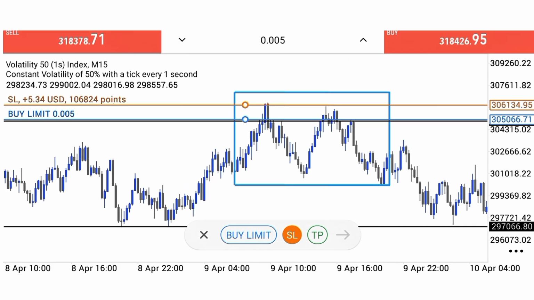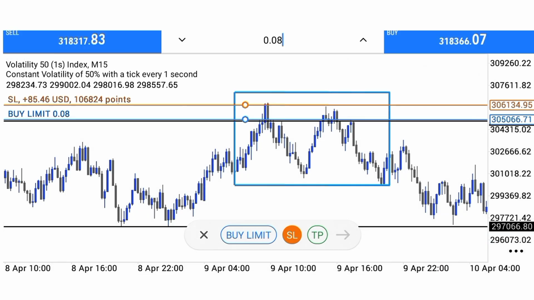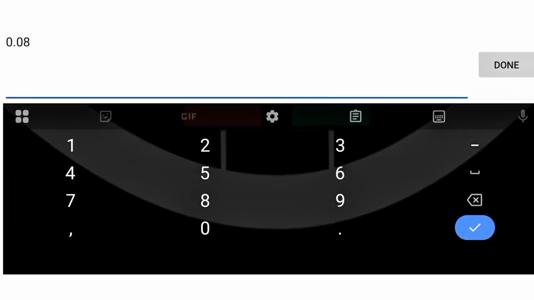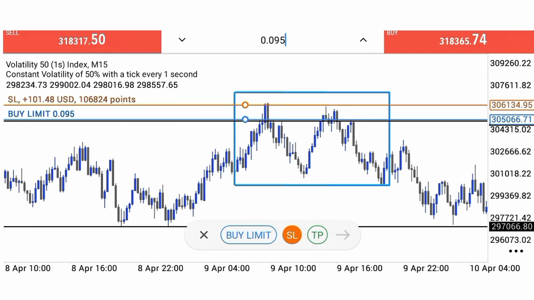For me, let's say I'm using $100 for this trade. I want to increase my risk to, let's say, around $101. Okay, let's take it like that.